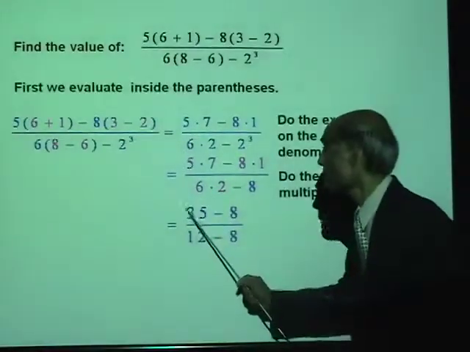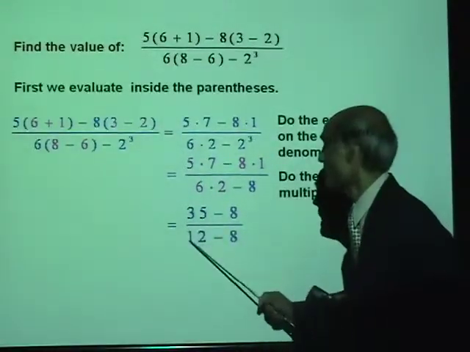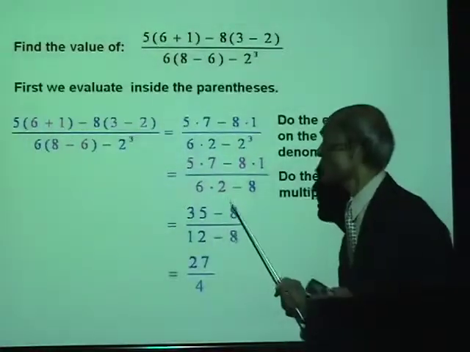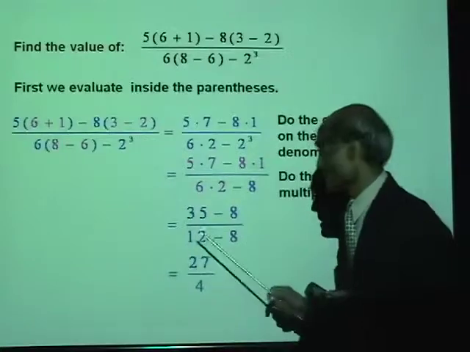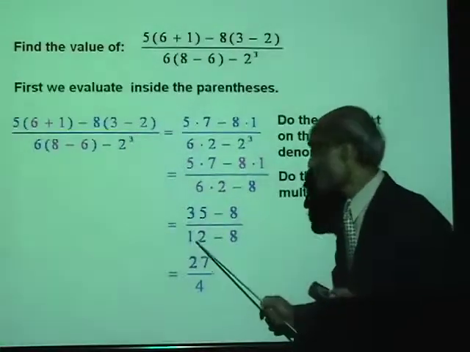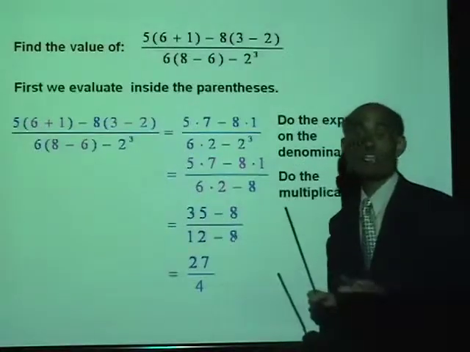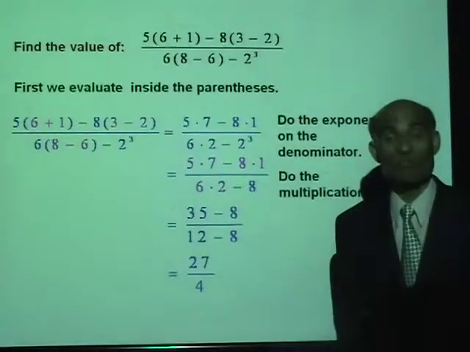And now we simplify the numerator and simplify the denominator. That is 35 minus 8 is 27. 12 minus 8 is 4. And that is 27 divided by 4.